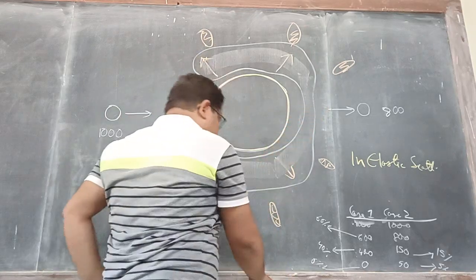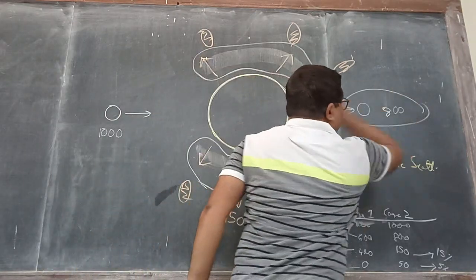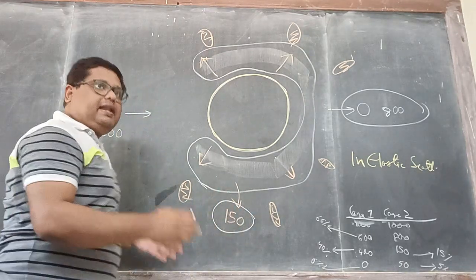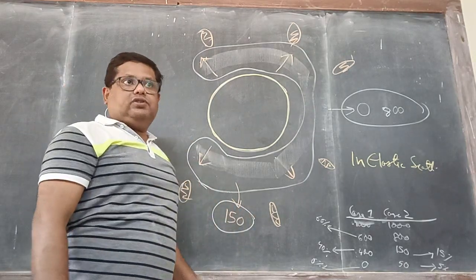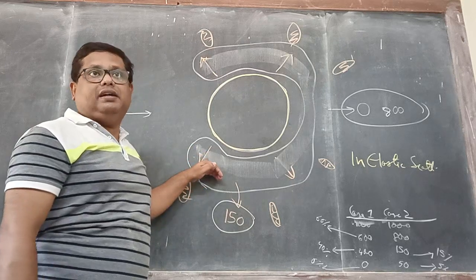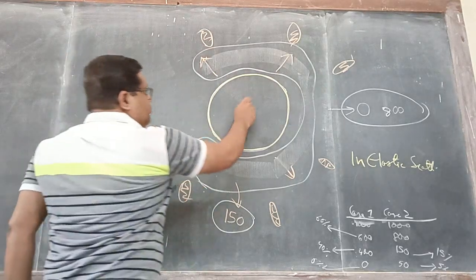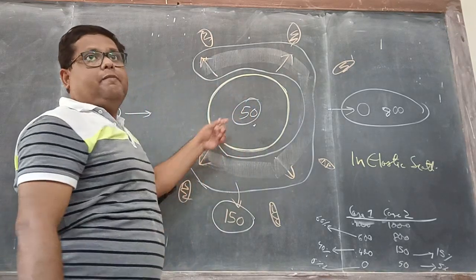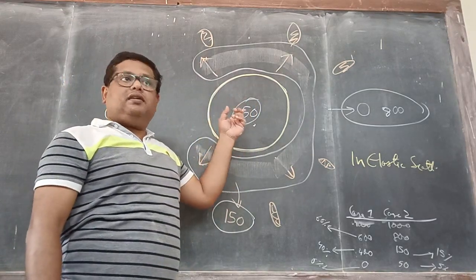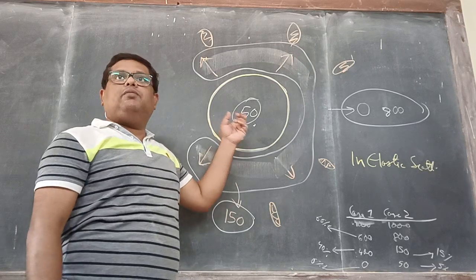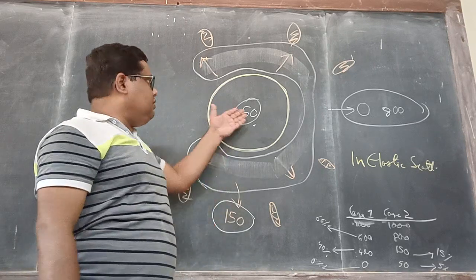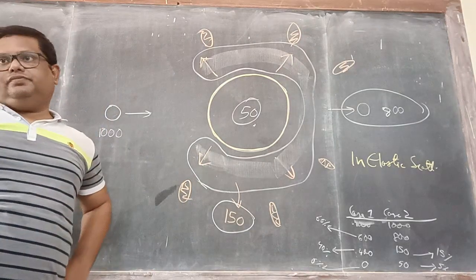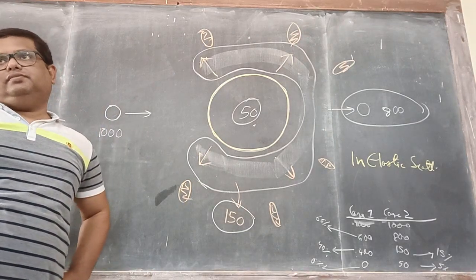Number one, the part which has not interacted. Number two, the part which has interacted but elastically, so there is only a change in angle. And number three, the 50 over here which has been absorbed. That means their energy, direction and momentum have changed. So these are the contributions for inelastic scattering. Any question?